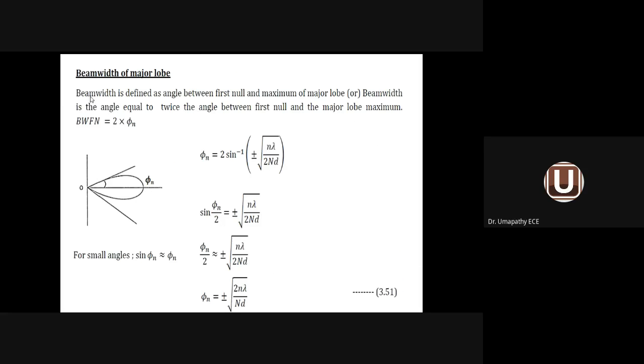Then the definition for beam width. Take the value of psi n, take sine on both sides, get an expression for psi n. From psi n, you convert to array length, from which BWFN is calculated in terms of radian and in terms of degree.